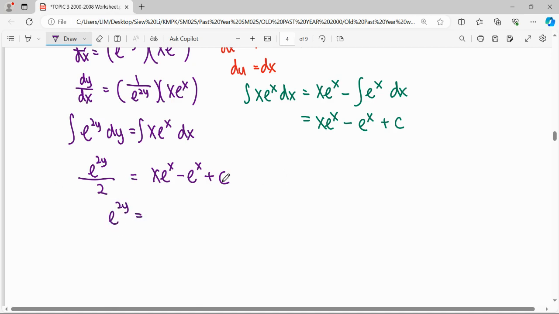For the 2, we move it to the right hand side, times 2 for every term. So 2 times c can still remain as c, because it is a constant. Then for e, when we move it, we take the log of everything here.